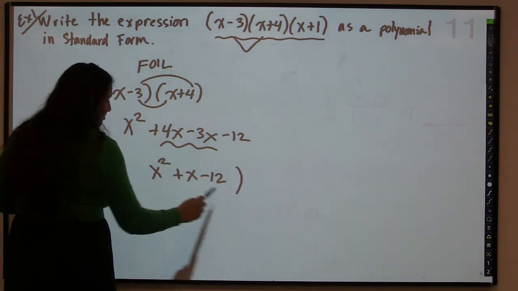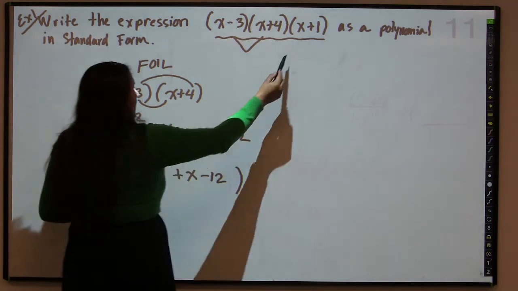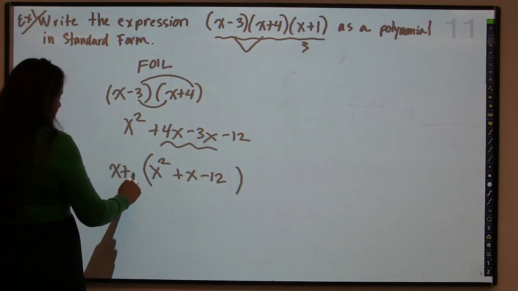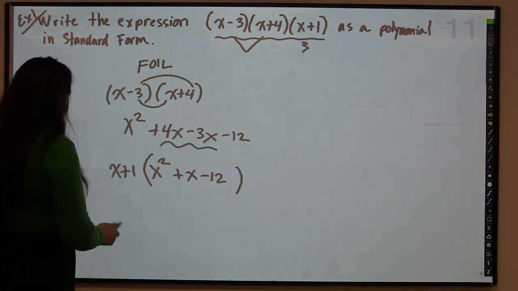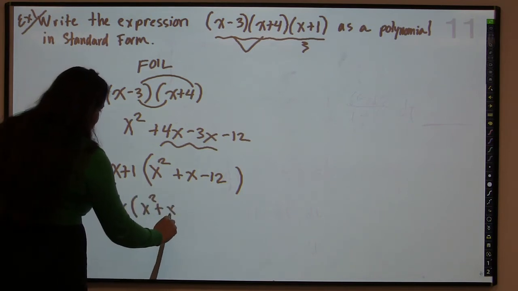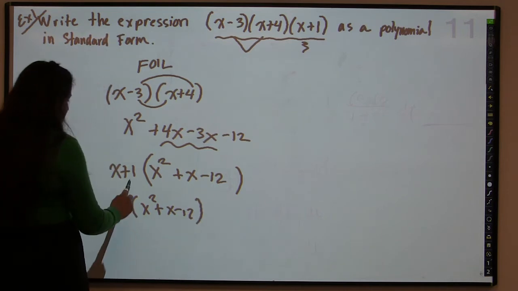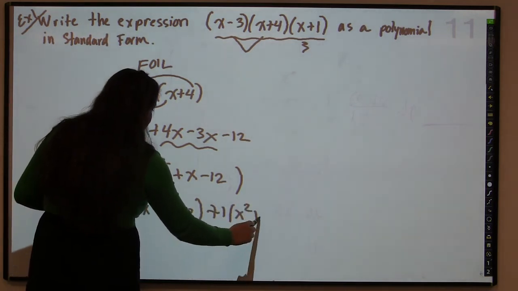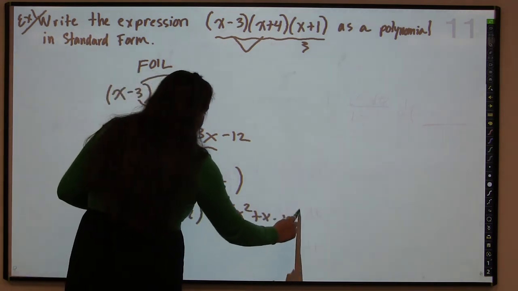So we now have to multiply this by our remaining factor here, which is x plus 1. So literally what that means is you want to take x times x squared plus x minus 12, and you also want to take the positive 1 times x squared plus x minus 12.